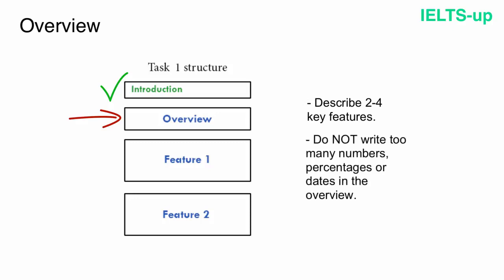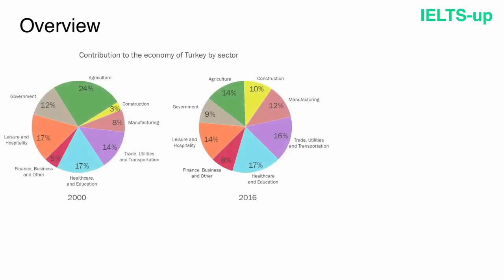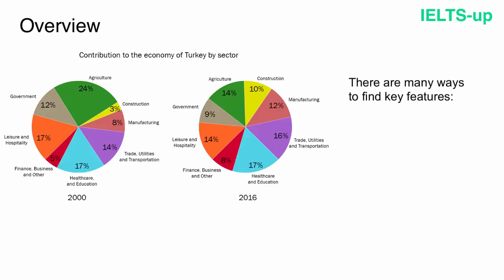Do not write too many numbers, percentages, or dates in the overview. You have to keep only general information in this paragraph. So, let's look at our pie charts and identify some key features. Well, there are many ways to find the key features of our charts.